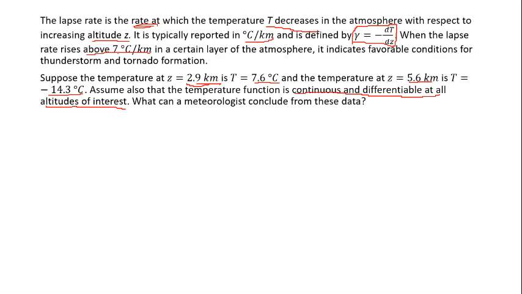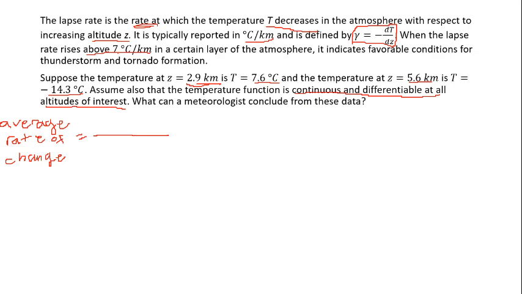Obviously the temperature has dropped between these two altitudes. Let's see how much it has dropped. We're first going to find the average rate of change, the average drop in temperature between these two altitudes. The average rate of change is simply the change in temperature divided by the change in altitude.